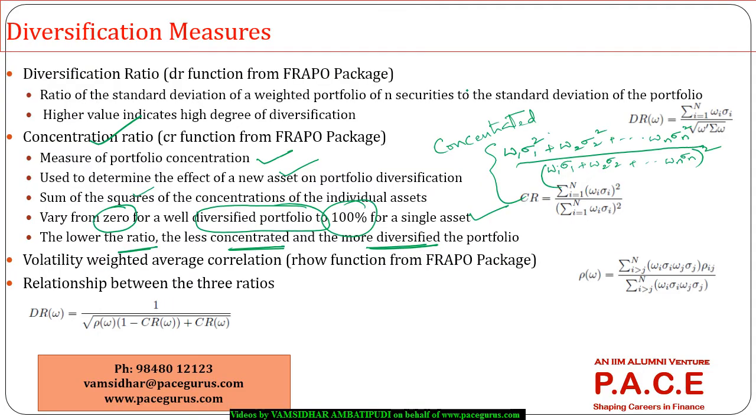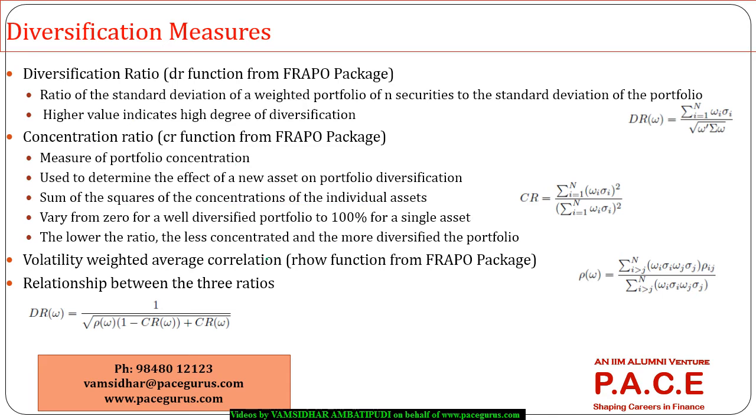And then the third measure that I can look at is the volatility weighted average correlation. If you look at the numerator, this part is the weight multiplied by the correlation, divided by the sum of weights. So the individual weights are multiplied by the correlation between them.